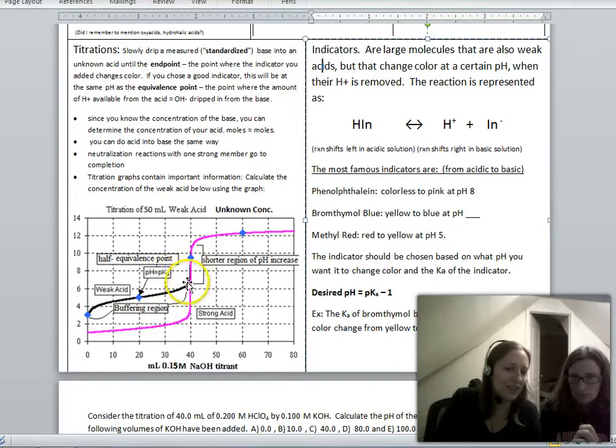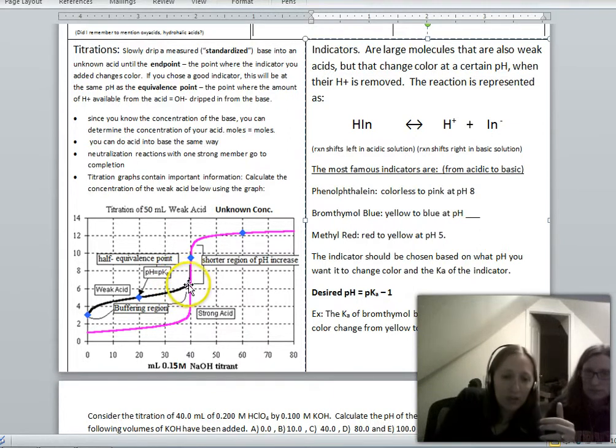And your jump is not as high. So your jump with a strong acid, strong base titration is like 7 or 8 points. With a weak acid, strong base titration, you've got a jump from 6 to about 12, that's like 6, and this is from 2 to 12, that's like 10. So you can see it's a shorter jump.